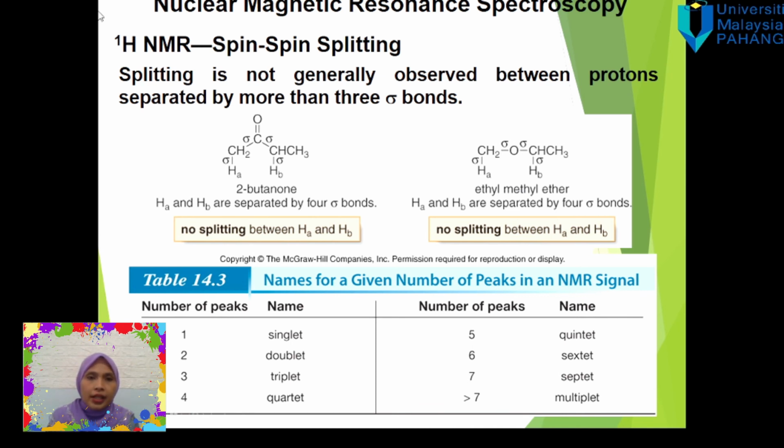For this HA, only a carbon here, no. So there is no adjacent proton around the carbon, which means this one becomes a singlet. HA is a singlet. HB, the adjacent carbon has 3 protons, so use the rule n+1. So this signal HB becomes a quartet.